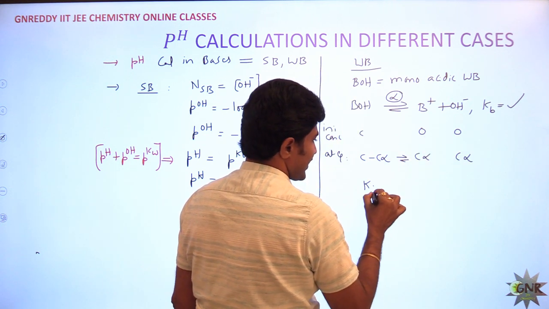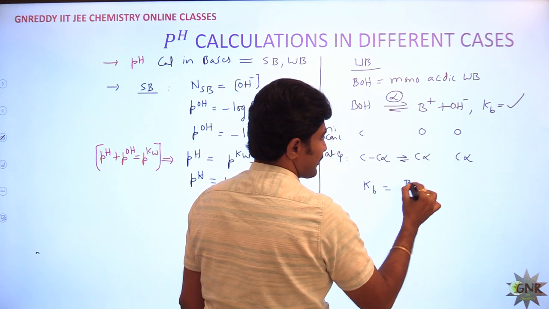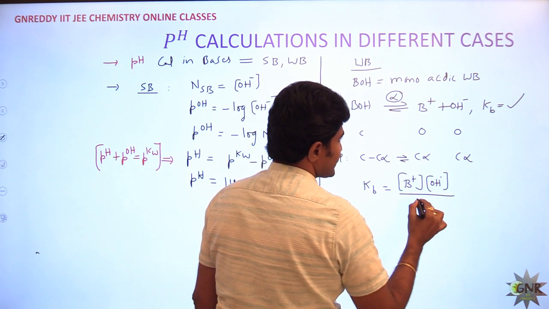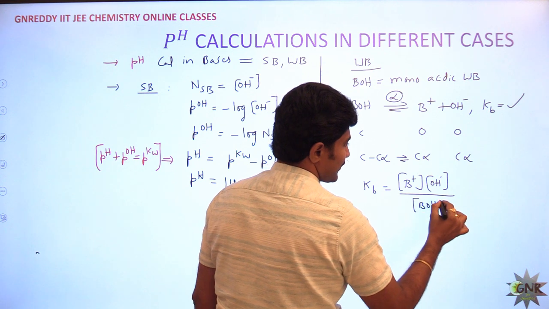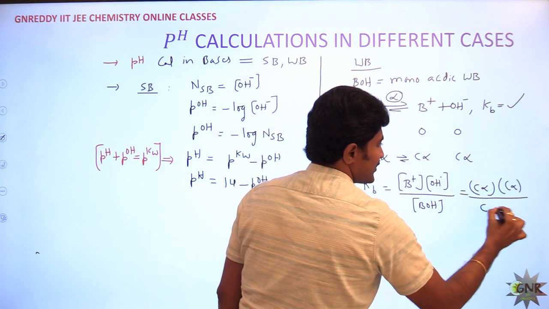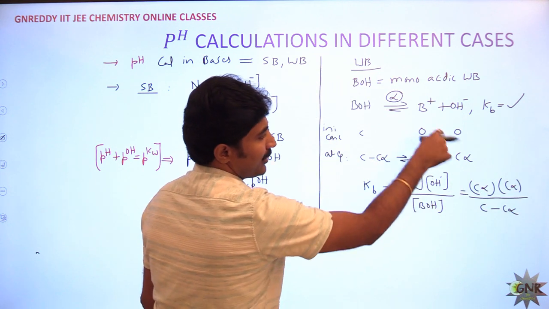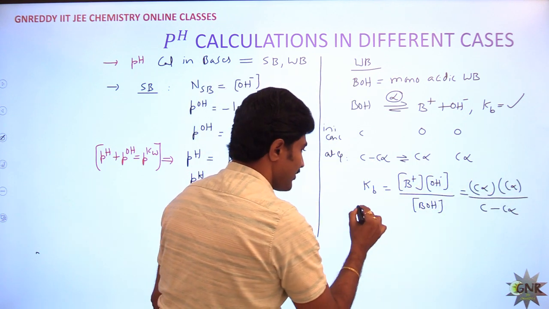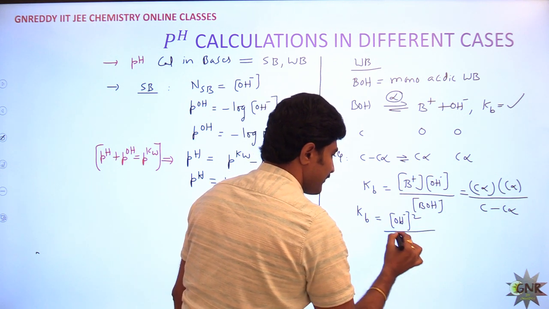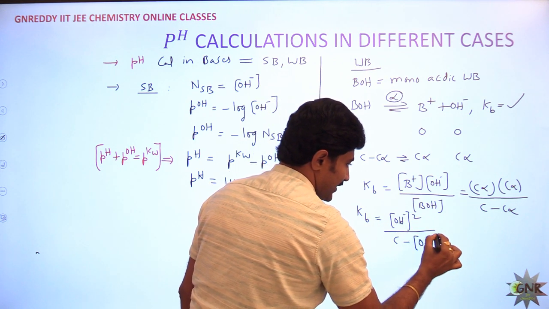From this we can write the Kb expression. This is the B plus into OH minus concentration by the BOH concentration, that is equal to C alpha into C alpha by C minus C alpha. But we know OH minus is C alpha. From this, Kb is equal to OH minus square by C minus OH minus.